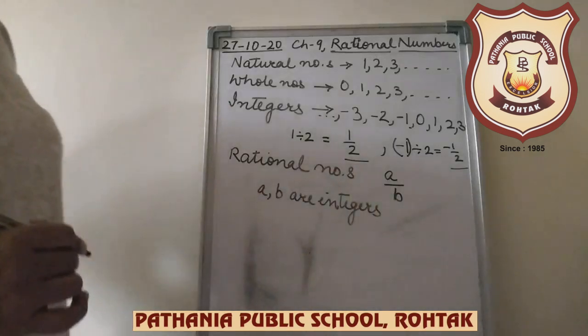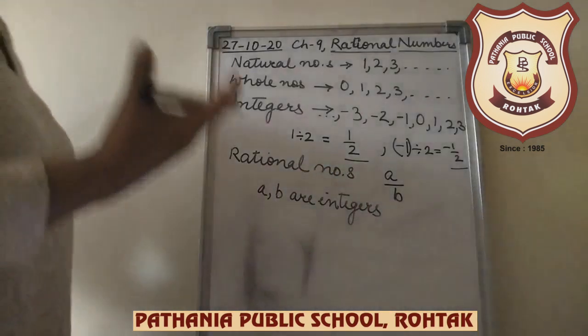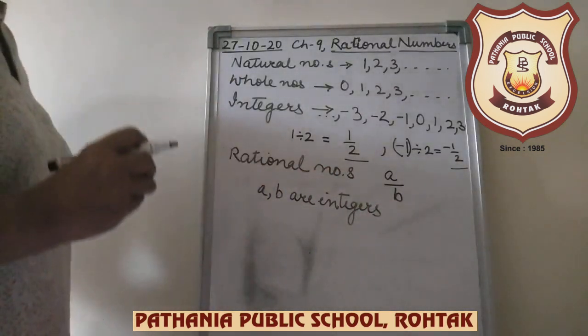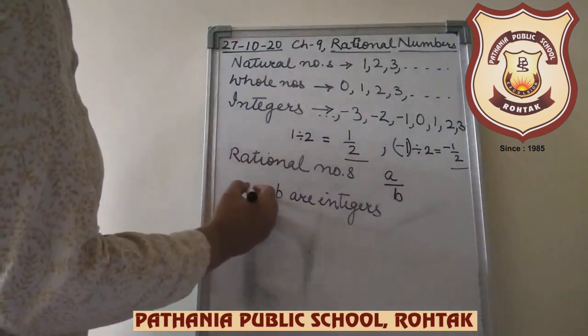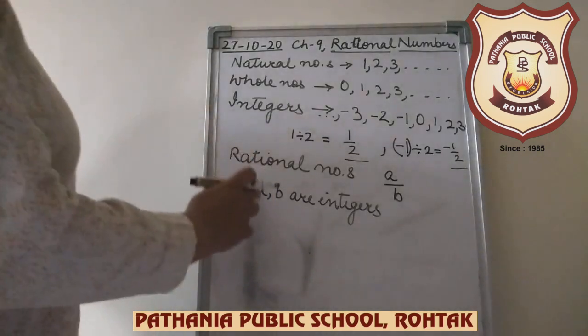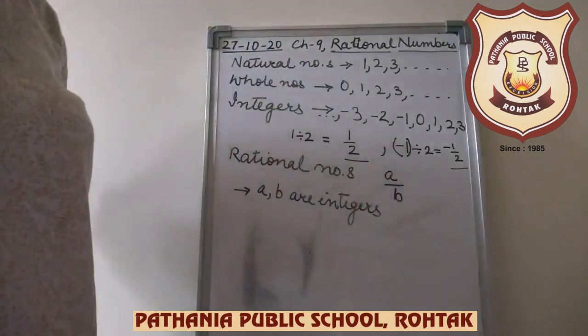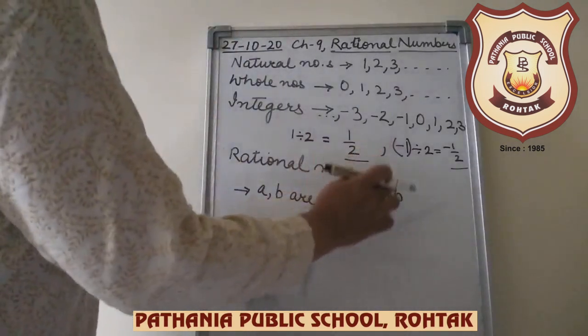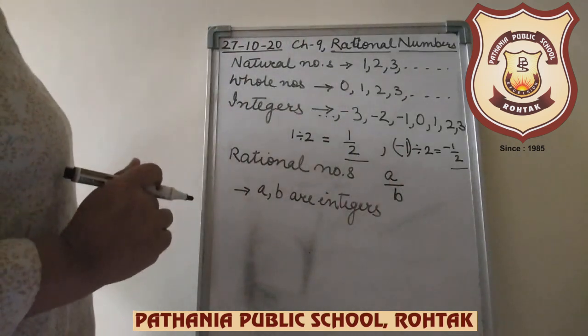Okay? What are they called? Integers. Integers means they can be positive and they can be negative. First thing is that a and b are integers. They are written in the form of a upon b. First thing is clear.